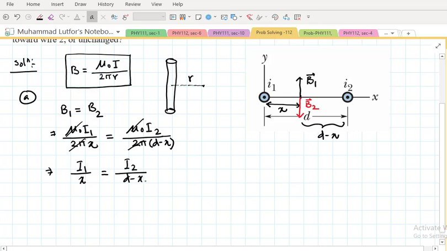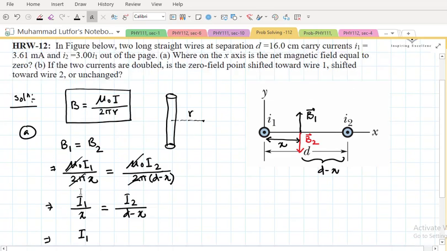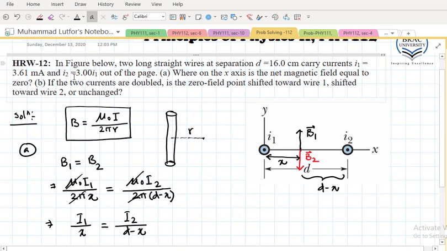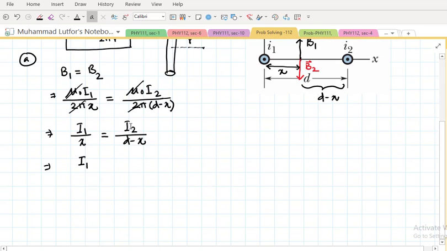Now I2 is 3 times I1, as given in the question. So I'm going to plug in that value: I1 by x must equal 3 I1 divided by d minus x. Now we can cancel out I1 from both sides.